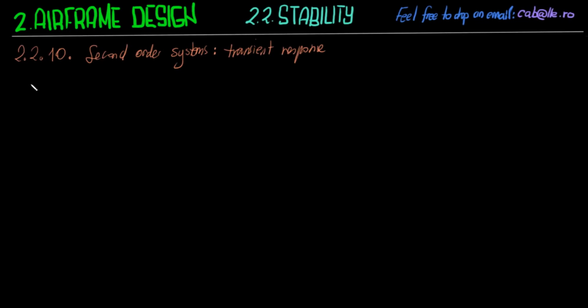First of all, if you want more details on the transient response to different inputs, because we can have different external force inputs, we can have a step input, an impulse, which is like a kick, we can have a ramp.